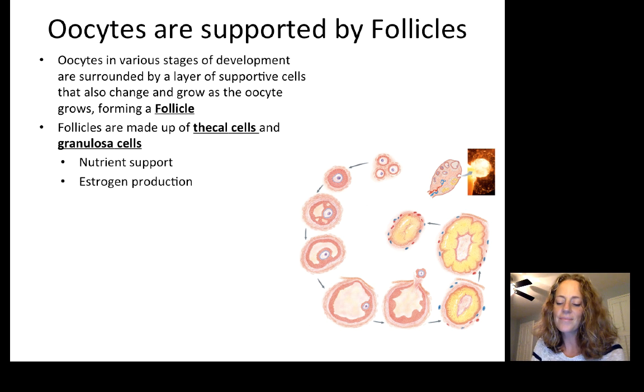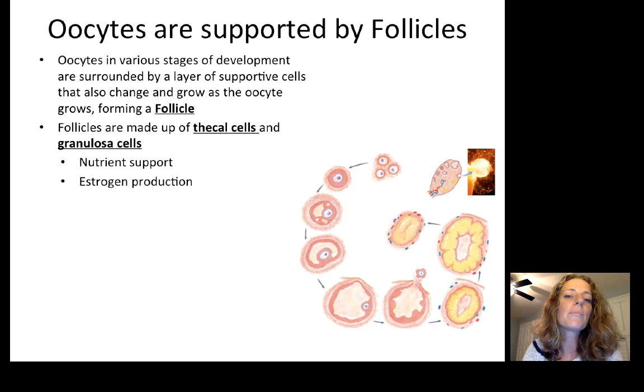We're not done. The female reproductive system is now more complex because the oocytes are supported by a very important structure called a follicle. So if the oocyte is the gamete, the follicle is its house.